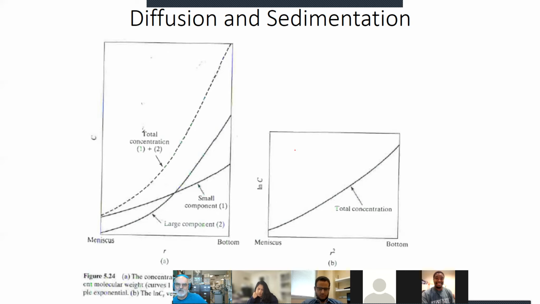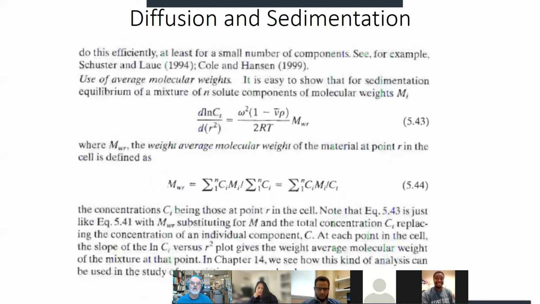It's not entirely obvious to me that this isn't a straight line, but a straight line might look something like that. Okay, so the curvature tells you there's a mixture in here. There's something going on, and you potentially can sort that out from an equilibrium experiment as well. In a velocity experiment, it would be easier because you would see two boundaries potentially.